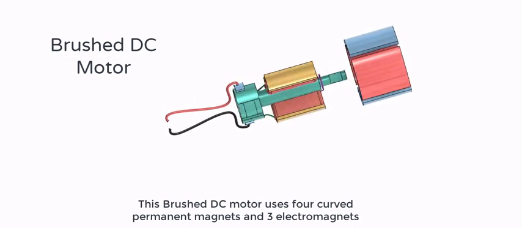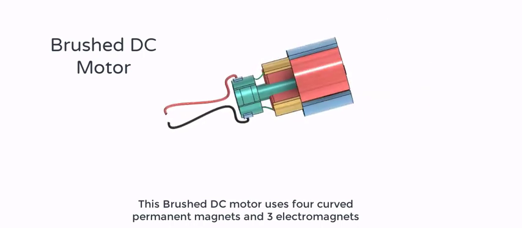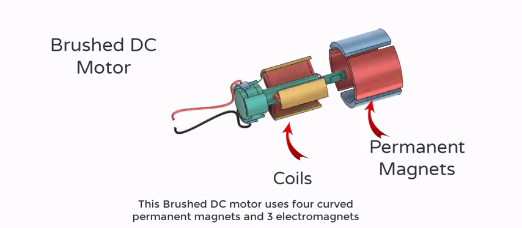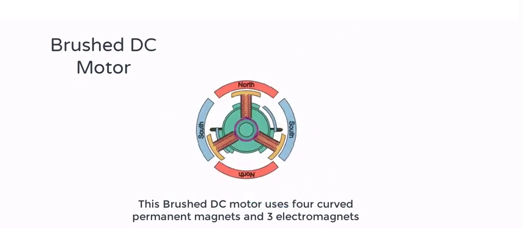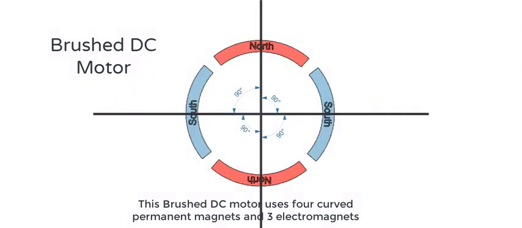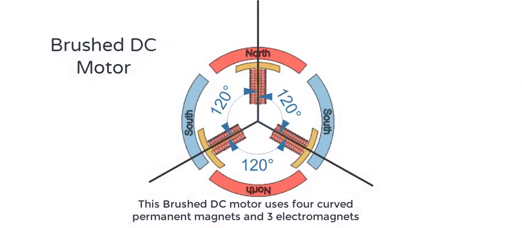Unlike the BLDC motor we examined earlier, the permanent magnets and the outer body of this motor remain stationary, while the 3 coils rotate. The north and south poles of the curved permanent magnets are side by side and are set at a 90-degree angle to each other. Conversely, the 3 coils are wrapped around 3 arms, acting as electromagnets, positioned at 120-degree angles from one another.